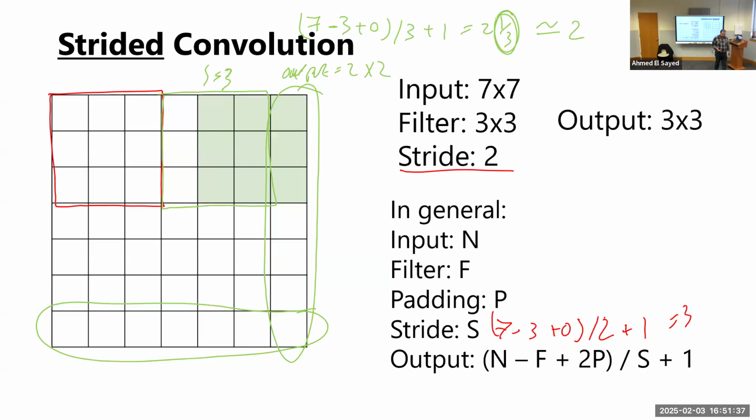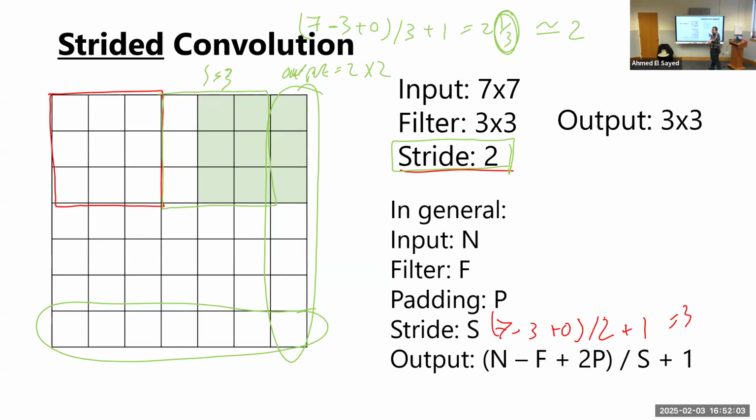What does this mean? It means that I can't use any value of stride I would like. I need to be careful when I choose the stride value to guarantee that I'm not ignoring any pixels in my image, because any pixel includes information. If I ignore it, this means I'm removing information.